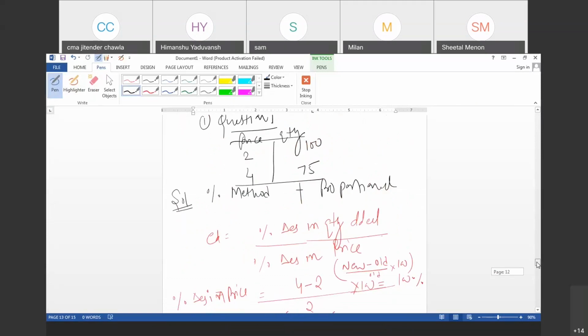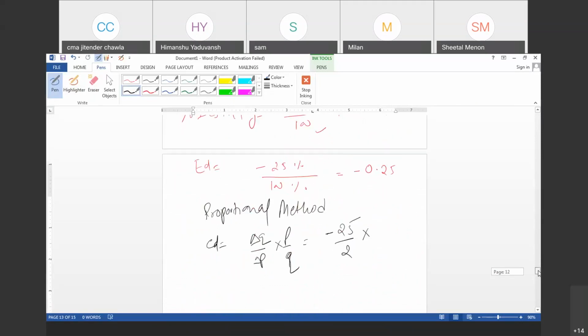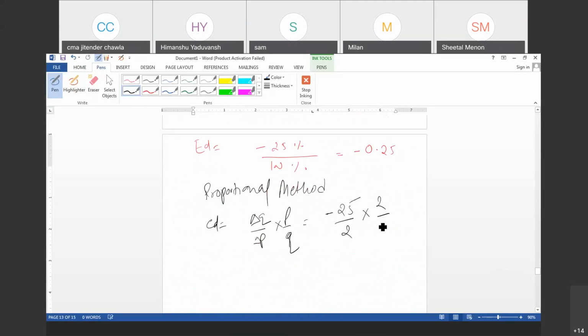Initial price was 2 rupees and initial quantity 100. So again, this is minus 0.25. Am I allowed to move forward? Is this one understood or not?